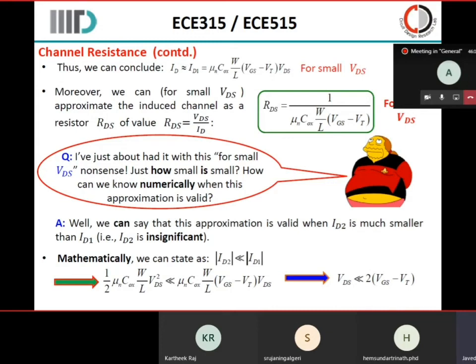So what does this mean? Let us take an example. If your VGS minus VT is say 50 millivolt, then 2 times 50 millivolt is 100 millivolt. So if your VDS in that particular case is only 1/10 of that, or 10 millivolt, it is very small. 1 millivolt is even better, but 10 millivolt is very small. Now just imagine what kind of circuits can produce a 10 millivolt change.